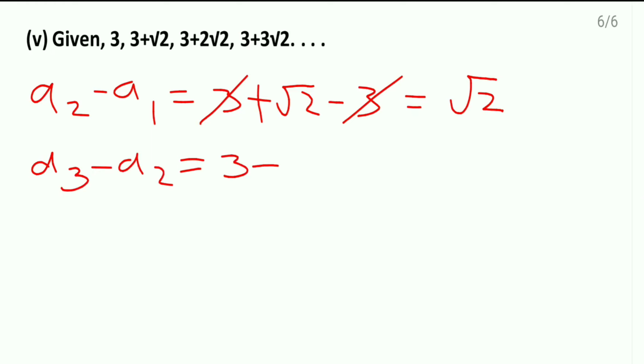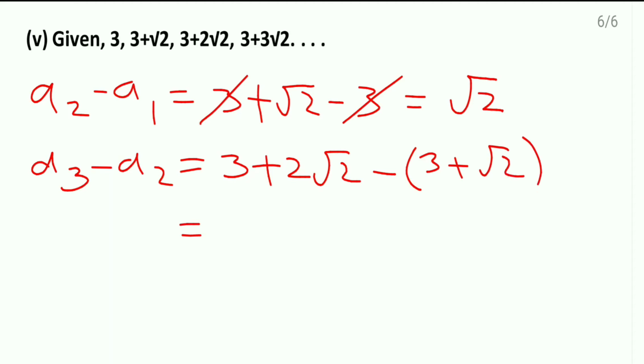So 3 plus 2 times root 2 minus. Now at this place it's better to give the bracket. So minus 3 plus root 2. Now here the negative sign is outside the bracket, so all the signs inside the bracket will get changed. This you have to remember.